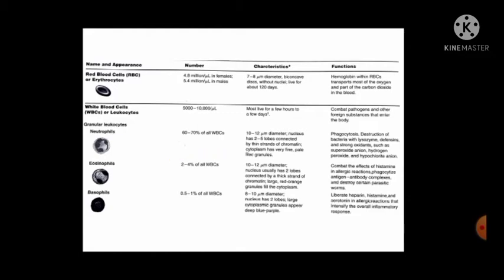Their nucleus has 2 to 5 lobes connected with a strand of chromatin, and the cytoplasm has very fine, pale granules. Because they have 2 to 5 lobes of nucleus, they are also called polymorphonuclear, which means they contain more than one lobe.